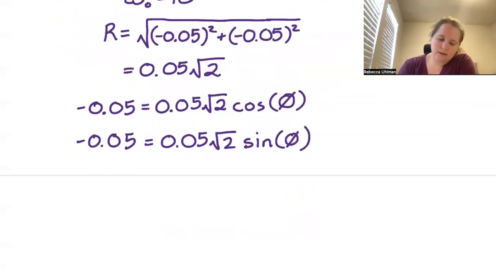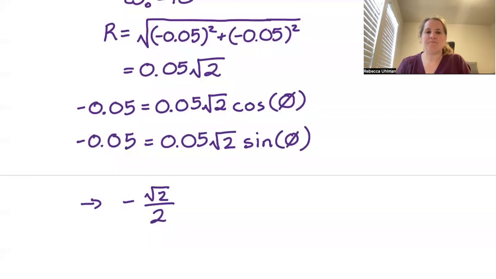So we get negative root 2 over 2, or negative 1 over root 2, is our cosine of phi, and that's also sine of phi. So this first equation was from C1, the second equation was from C2.